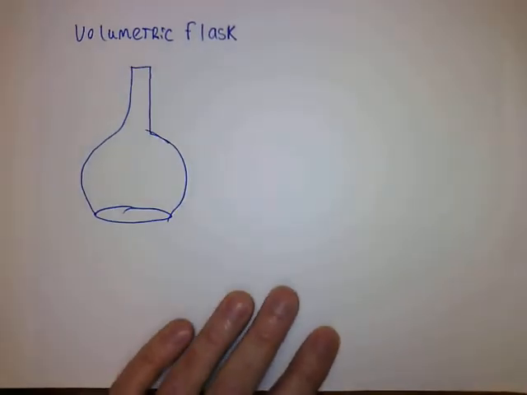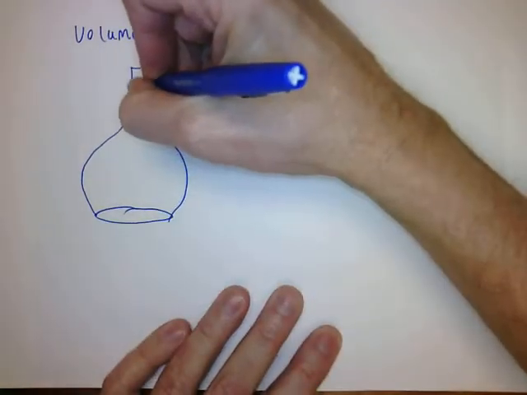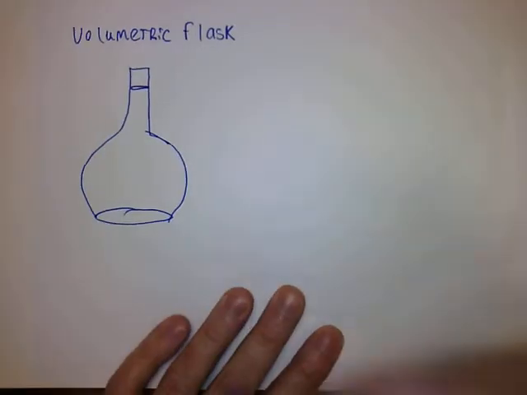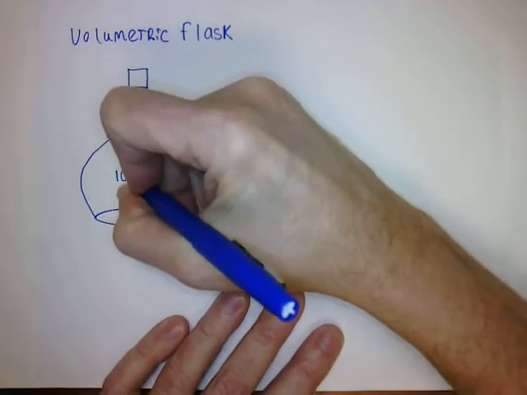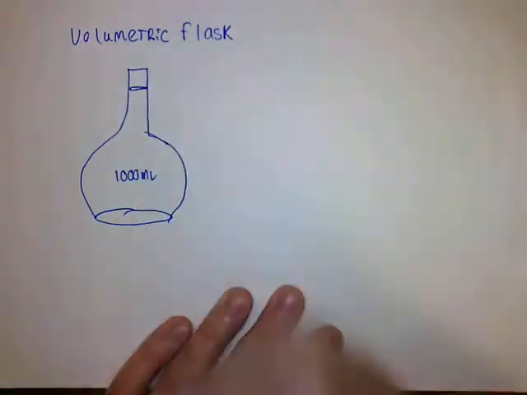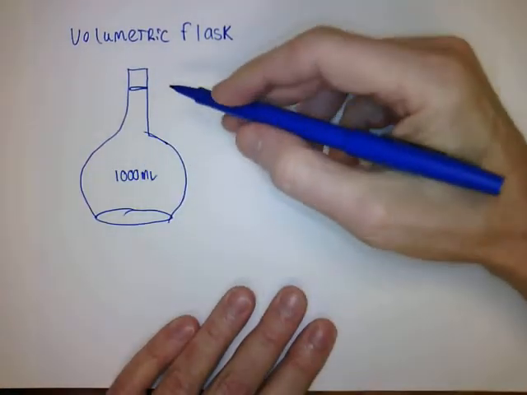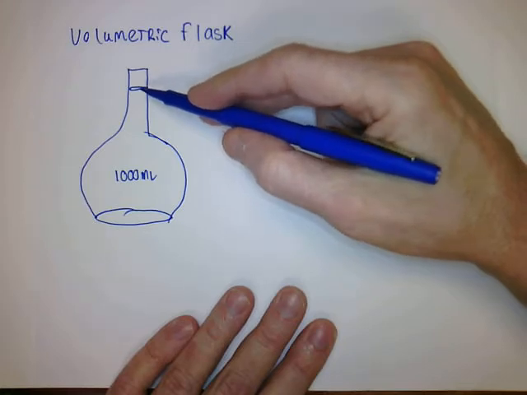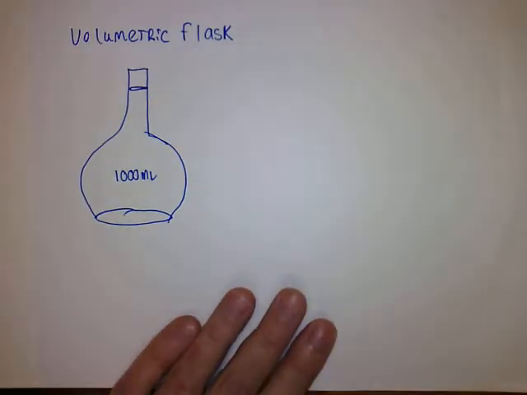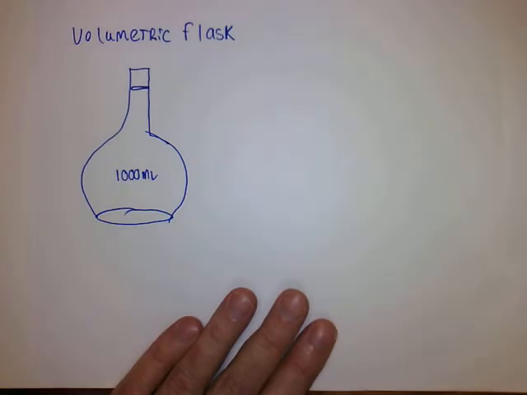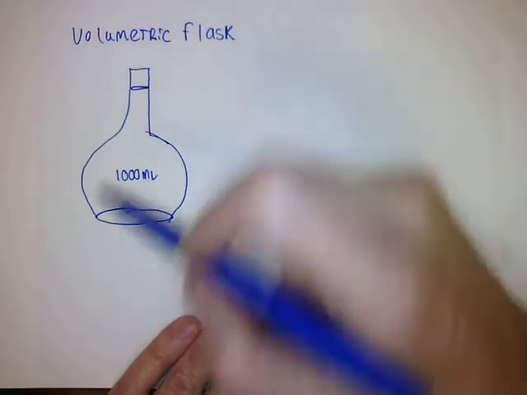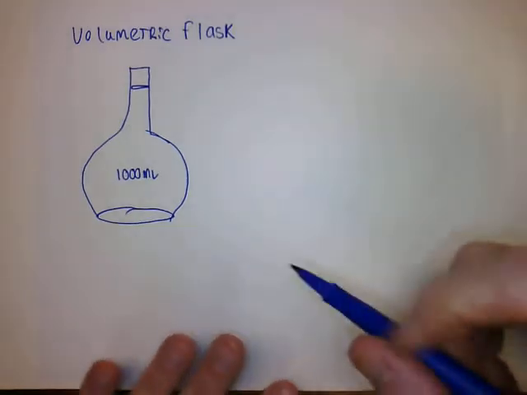There will only be one mark on the entire flask. Let's say we're dealing with a 1,000 mL flask, which is equivalent to 1 liter. When you fill it up to that mark, you'll have 1 liter.